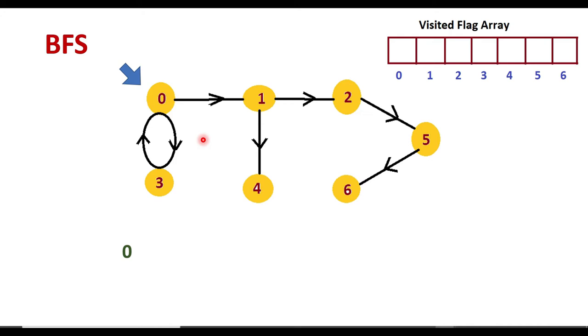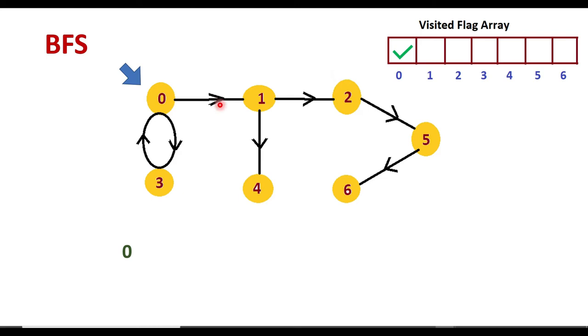So we will maintain one visited flag array that will have exactly the same number of nodes as the graph has: 0, 1, 2, 3, 4, 5, 6. Now as I am starting from 0, that means 0 is already a visited node.